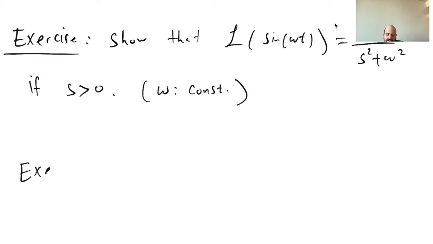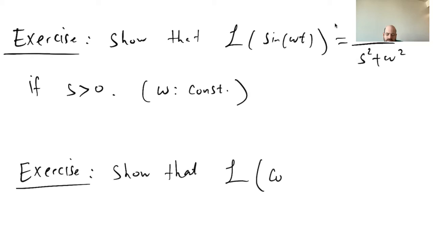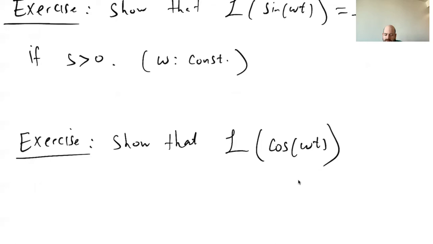And as another exercise, we can show that the Laplace transform of cos omega t will be equal to s over s squared plus omega squared, again if s is bigger than 0, and again omega here is a constant.